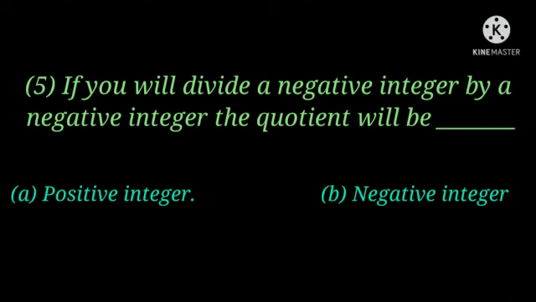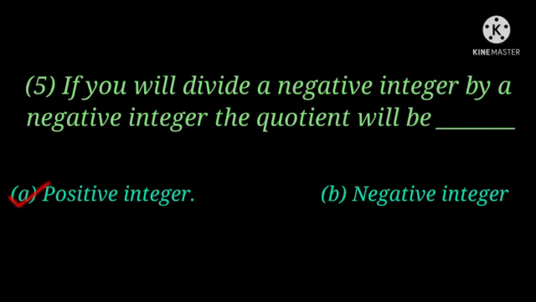When you multiply or divide two integers of same sign, the result always will be what? Your time starts now. Your answer will be positive. Listen carefully, I will explain it.